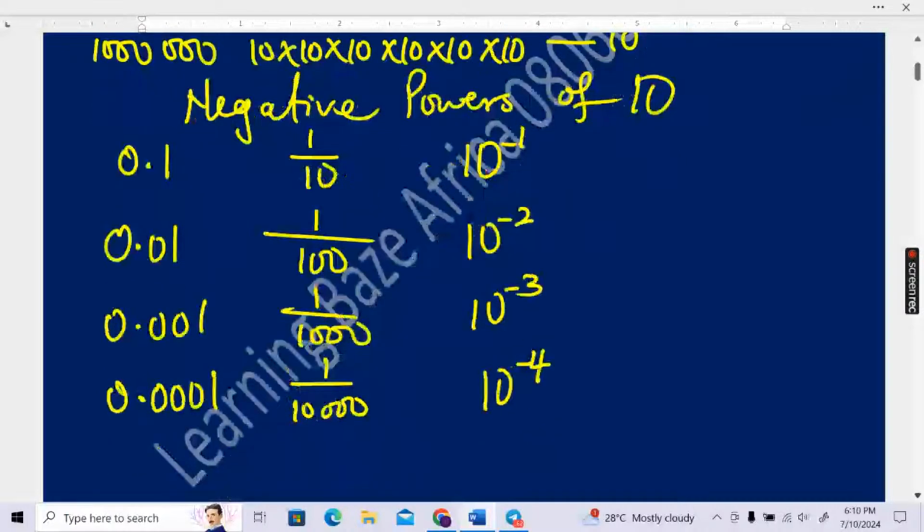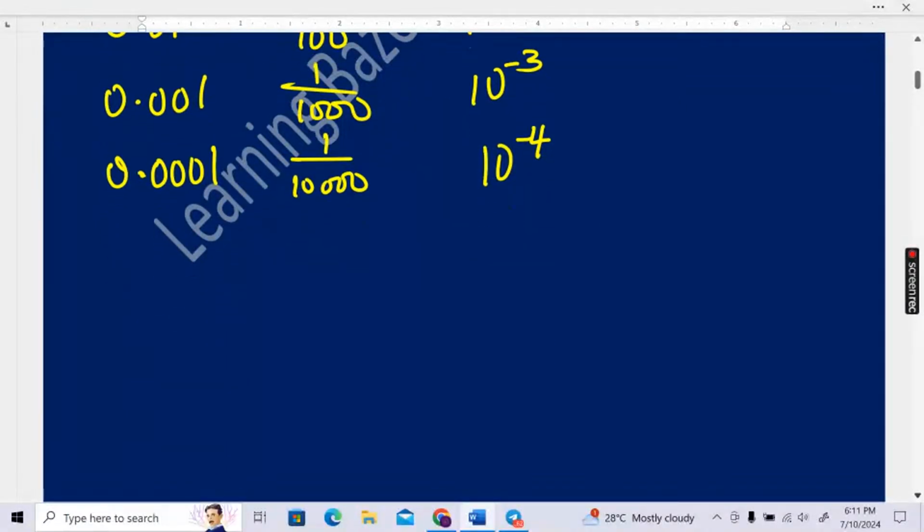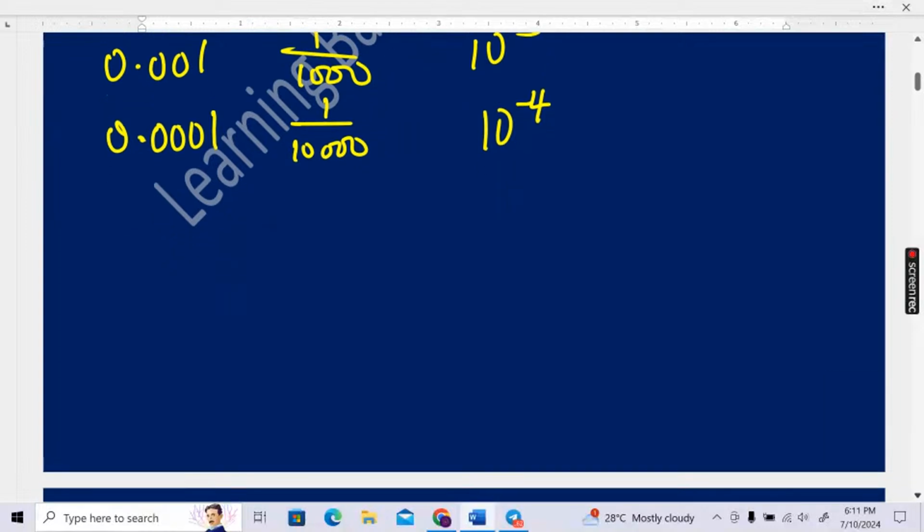Revising how to divide decimals by positive powers of 10. That was what we did, okay? We learned to divide decimal numbers by positive powers of 10. So like 3.7 divided by 100.